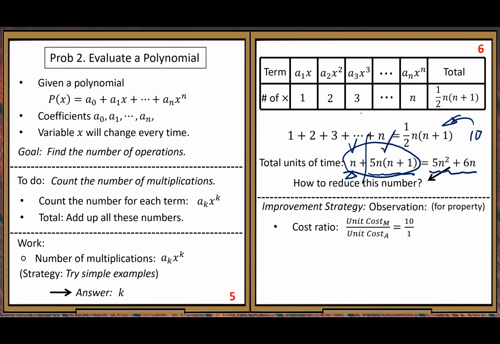Even if you spend a lot of resource, the rewarding is very little. But multiplication, that chunk is so big. You have much bigger room, bigger chances to reduce that big number. How about that? Think about that. So our improvement strategy, we try to reduce the number of multiplications, not additions.